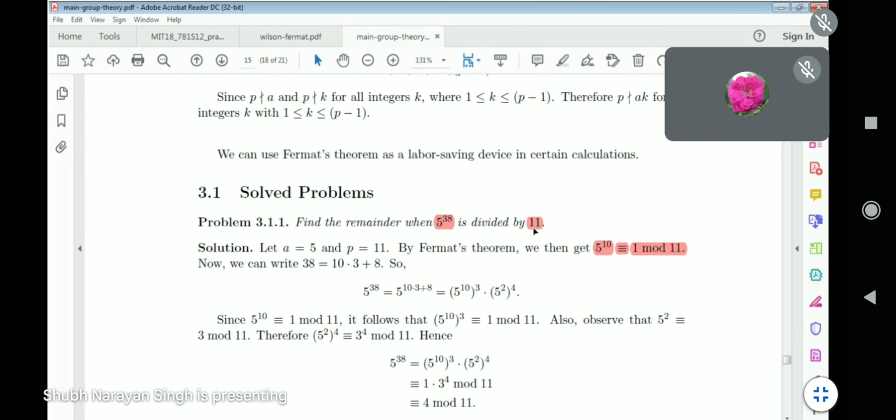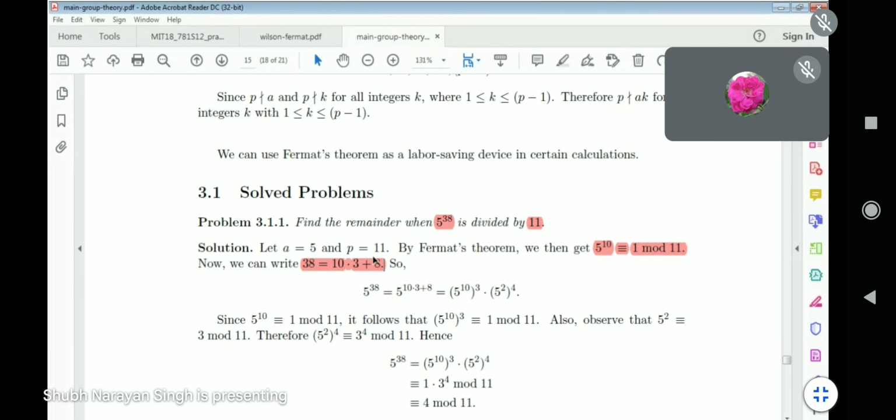What we do here is write 38 by using the division algorithm between 38 and 10. 38 can be written as 10 times 3 plus 8.